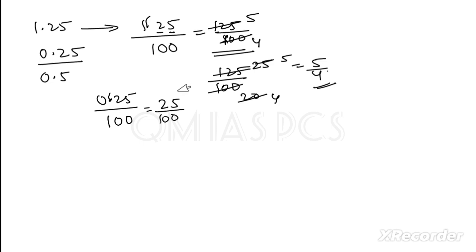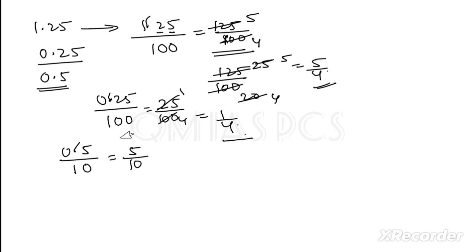If you reduce this, it will be 1 by 4. Finally, for 0.5, there is 1 digit after the decimal, so one zero. Our answer is 5 by 10. If you reduce this, it will be 1 by 2.